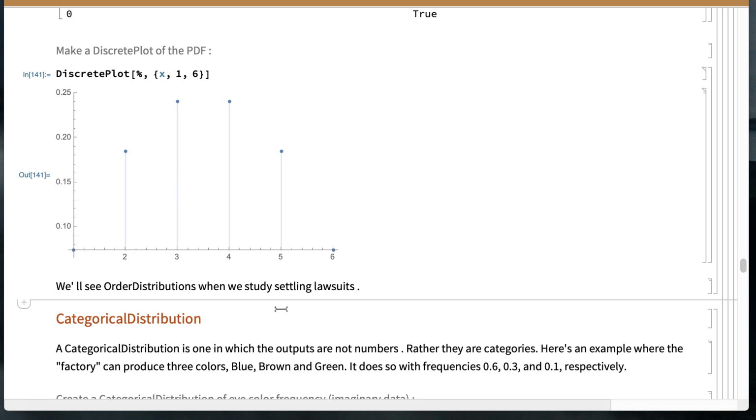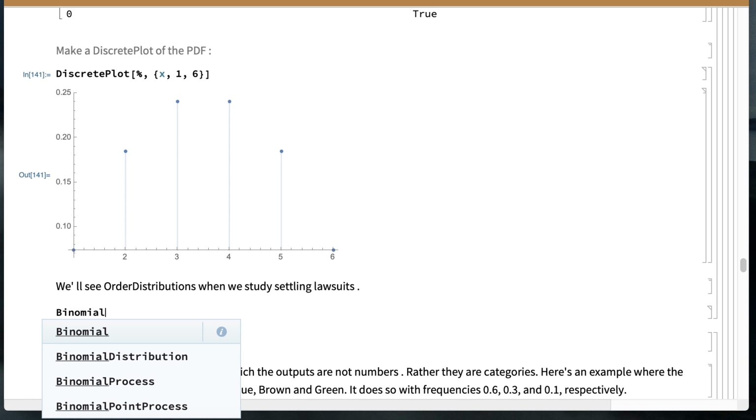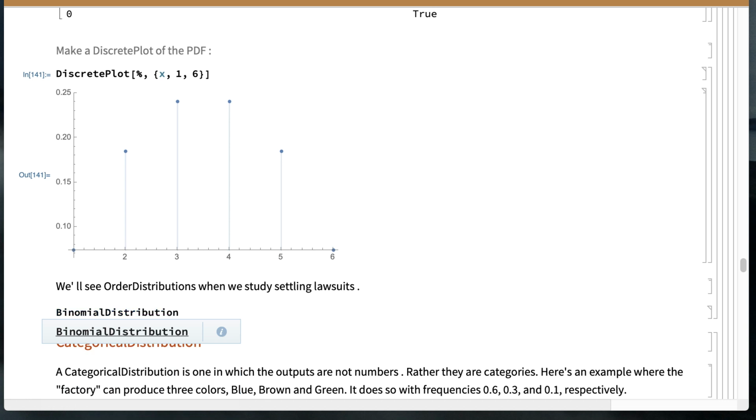Let me give one more example just to clarify it. Supposing I had a binomial distribution and it involved 6 rolls, and the probability of getting a 1 on each roll was 0.25, and I wanted to conduct that experiment 10 times.